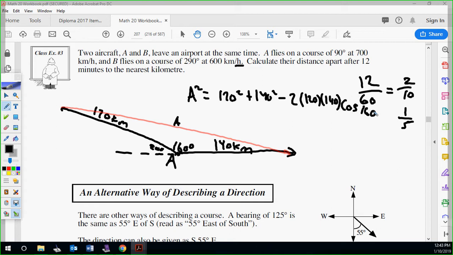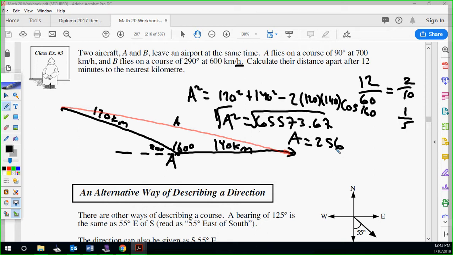That means A squared is 65,573.67. Square root, 256. So 256 apart.